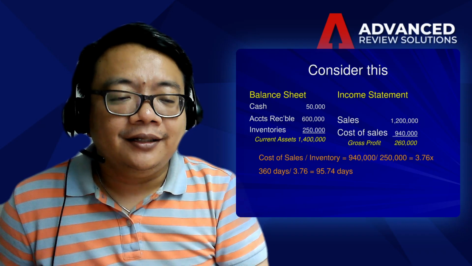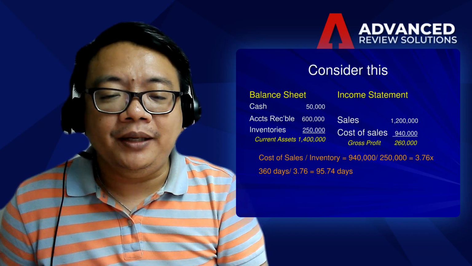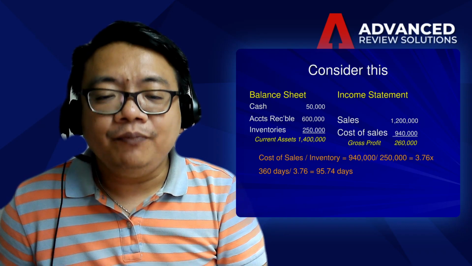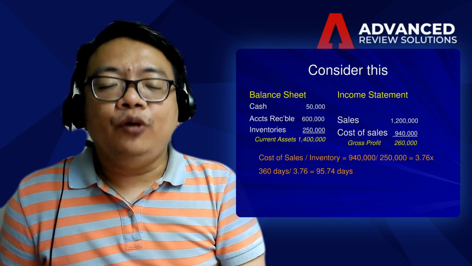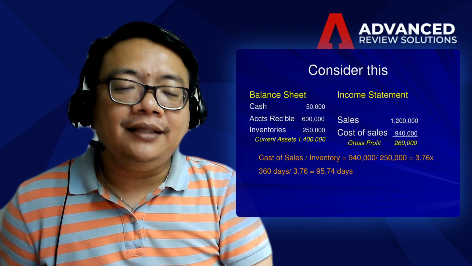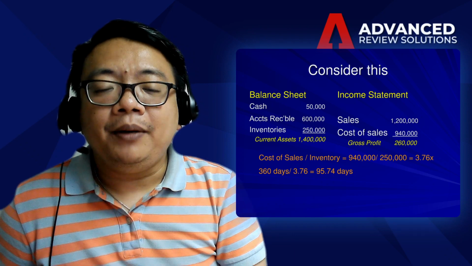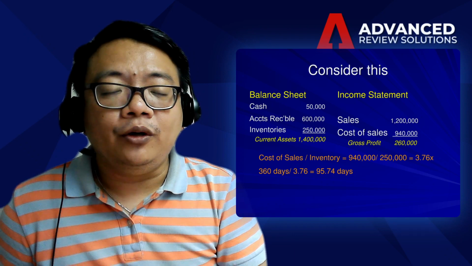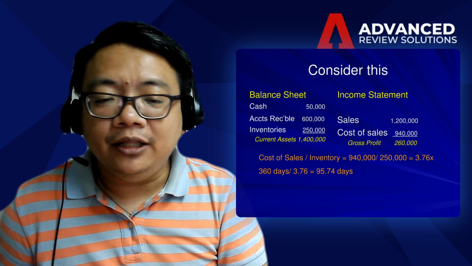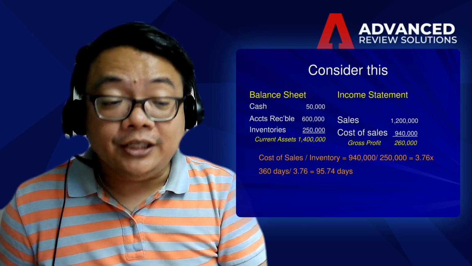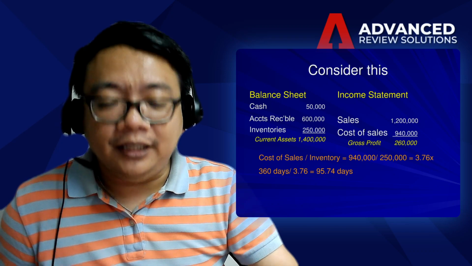Good or bad? The answer is it would depend. Depende yan, class. If you are into retail, matagal yan. It takes 3 months para maging sales. If you are a jewelry business or high value items, okay siya. Again, it would depend on the company.